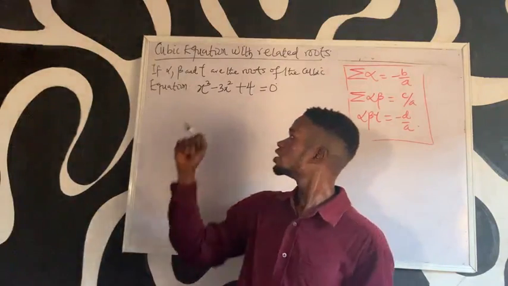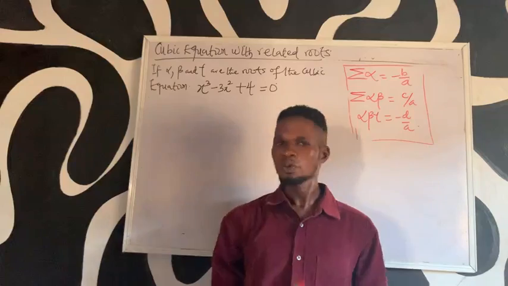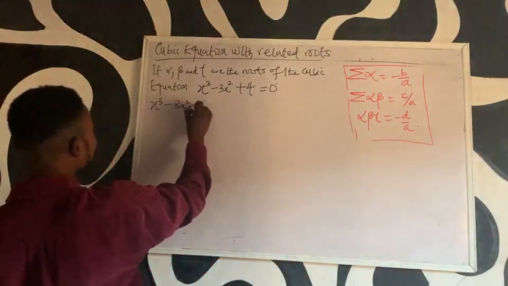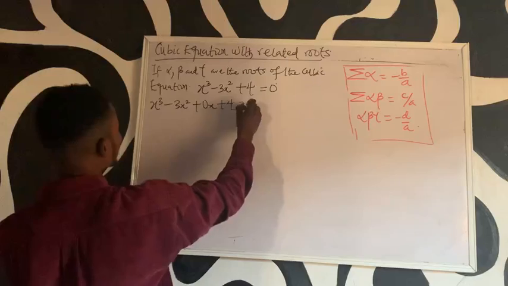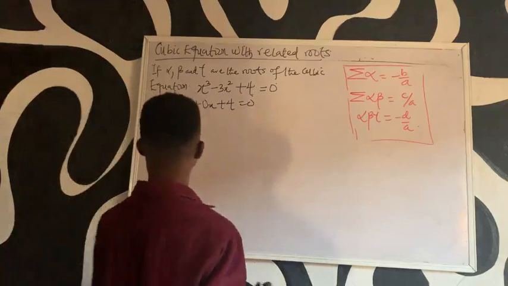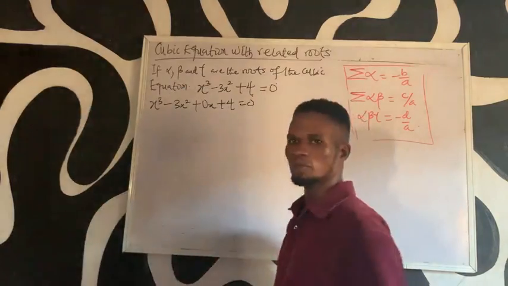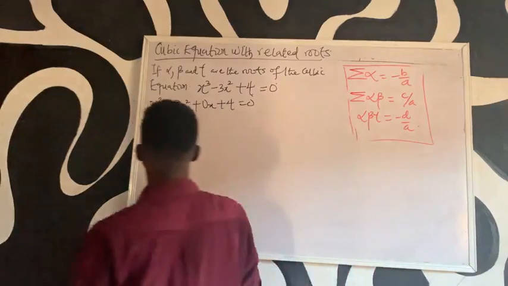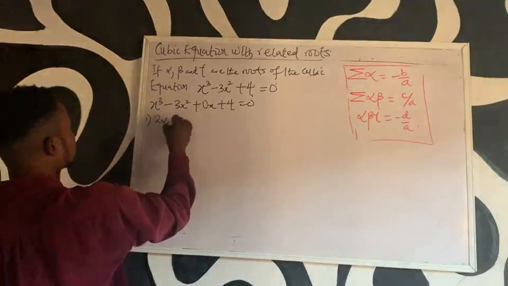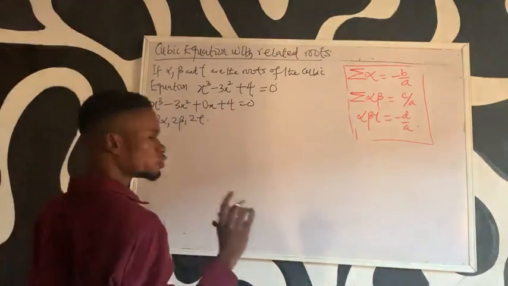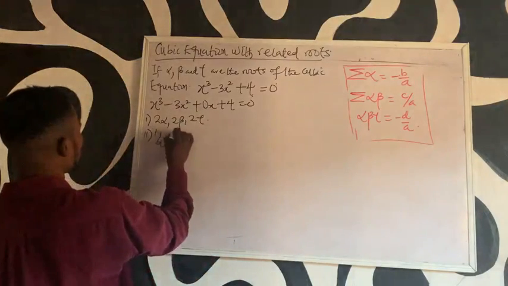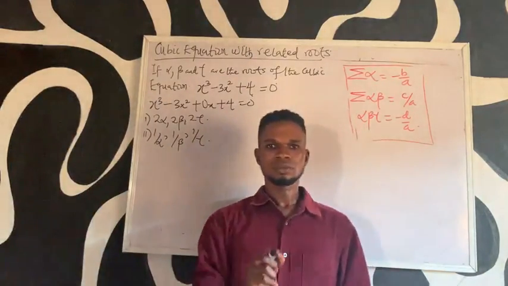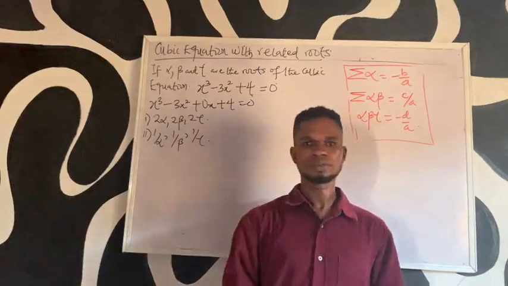Let's take this cubic equation. We notice that here we don't have the term of x, which is 0x plus 4 equal to 0. Now, if alpha, beta, gamma are the roots of this cubic equation, construct the cubic equation whose roots are, one, 2 alpha, 2 beta, 2 gamma, and two, 1 over alpha, 1 over beta, and 1 over gamma. How do we construct the cubic equation from this?